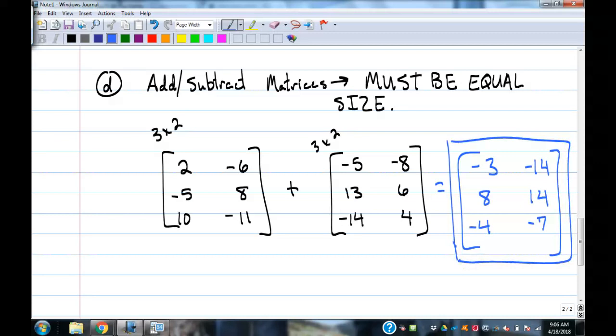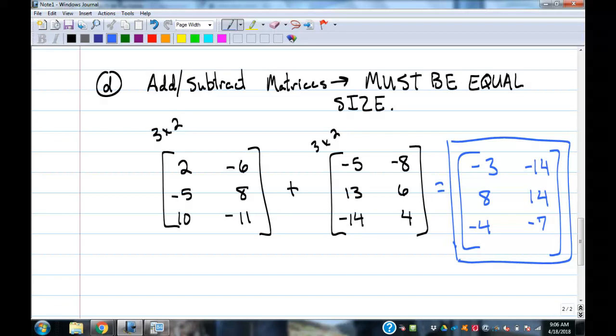If they're different sizes, it would give you an error, a dimension mismatch error. You could put the left one in as matrix A, this one as matrix B, and then tell your calculator matrix A plus matrix B, and it would crank out this matrix.